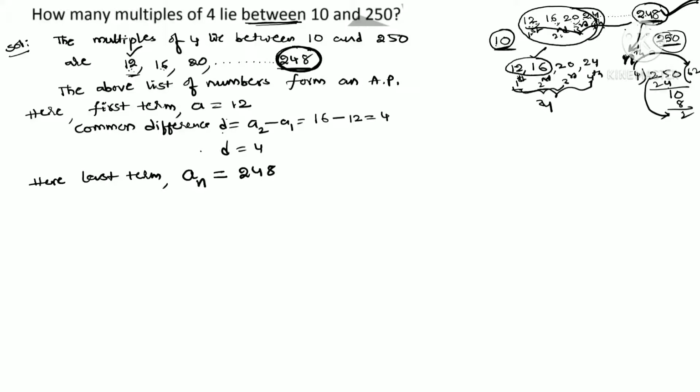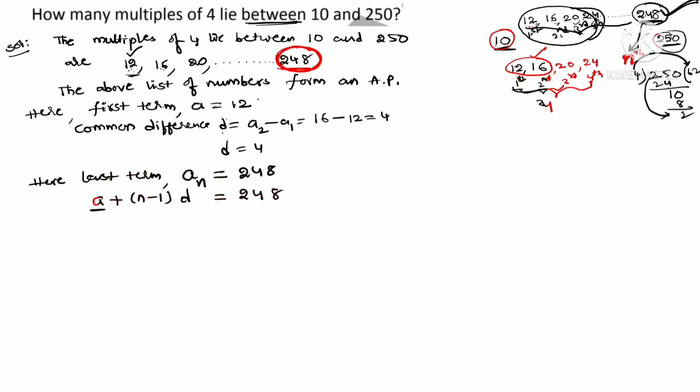Next, an formula. Tell me what is the formula for an? The an formula is a plus (n minus 1) into d is equal to 248. Next step is a.